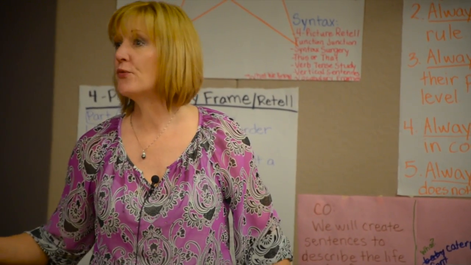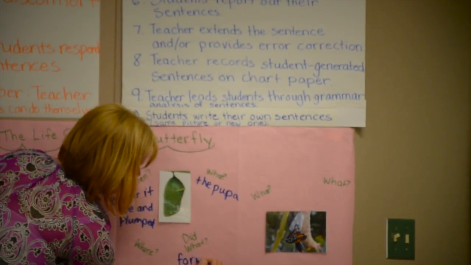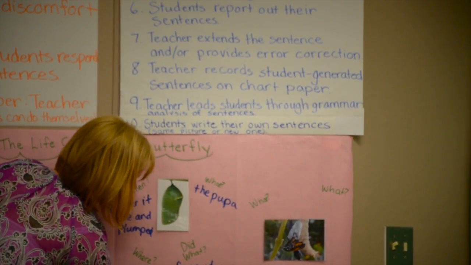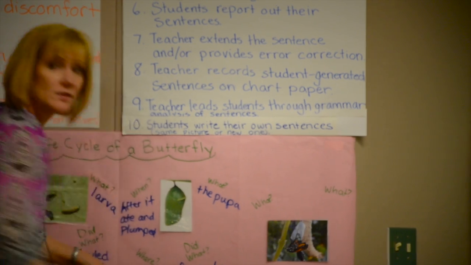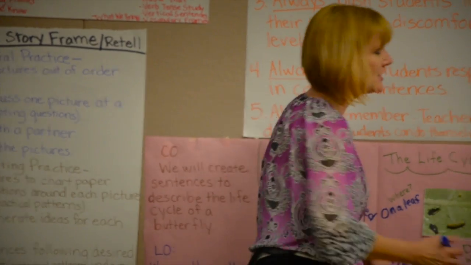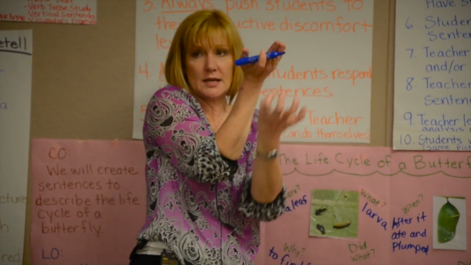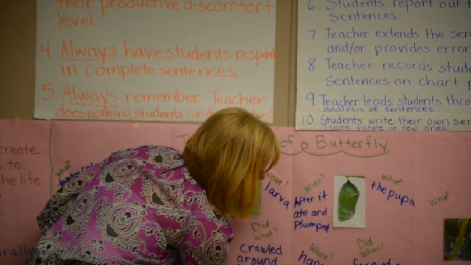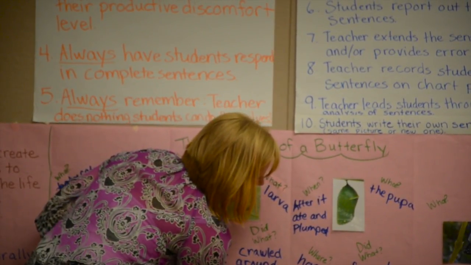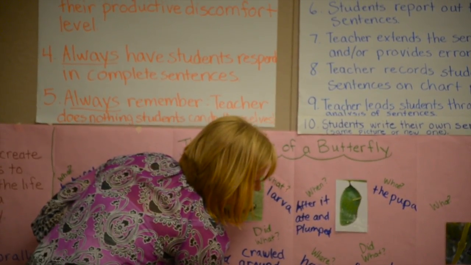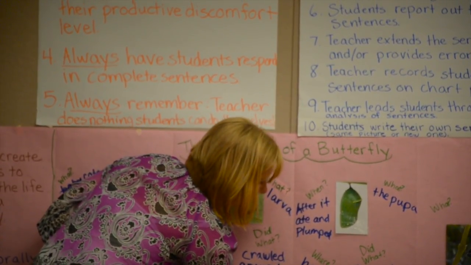It formed a chrysalis. Good. And then the last question for this one is where? On the tree branch. Is he on the tree branch or is he hanging from the tree branch? Hanging from the tree branch. All right.